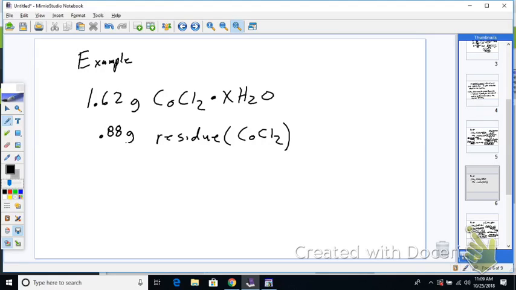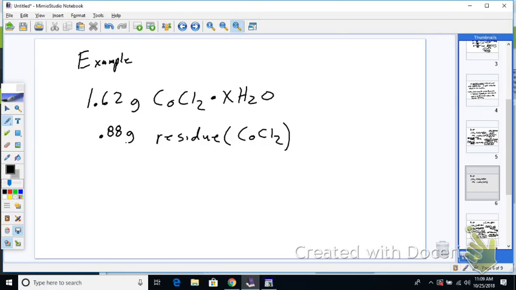So this is cobalt chloride. Is that X H or times H? X will be a number that will be substituted in later on. Because I can't tell you what the number is here, we're going to have to calculate it. So this is cobalt chloride right here.